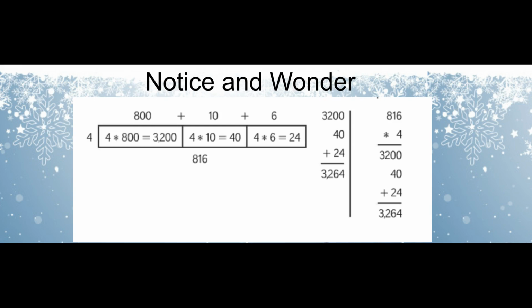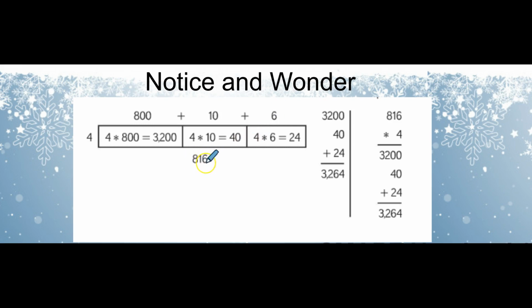First, what am I solving? 4 times 816. 816 in expanded form is 800 plus 10 plus 6.